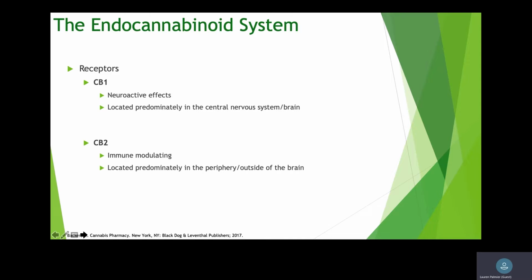THC binds to the CB1 receptor, which is located in the brain and in the central nervous system. This binding of THC to this receptor is why we see psychological effects with cannabis use, like euphoria, dizziness, and so forth. CB2 receptors are located mostly outside of the brain and in the periphery. When components of cannabis bind with these receptors, we see the other benefits of cannabis, like decreased inflammation, improvement in GI disorders, and so forth.